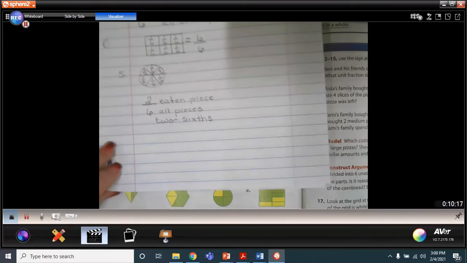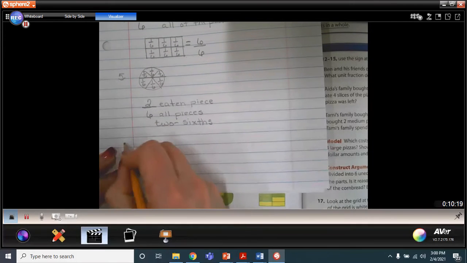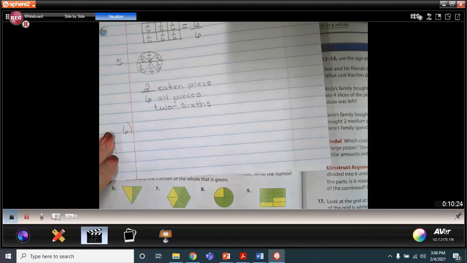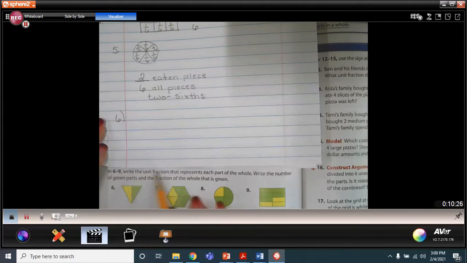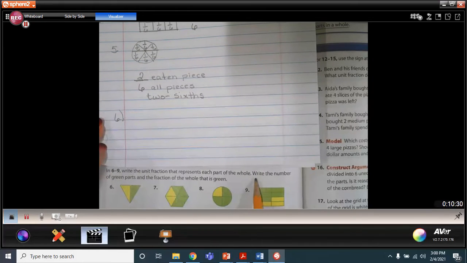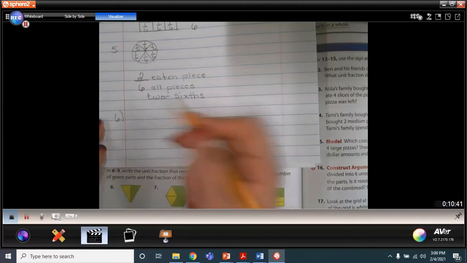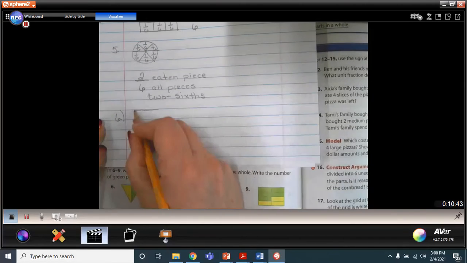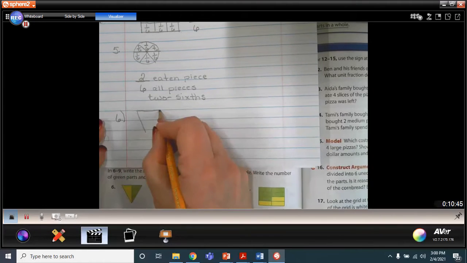Okay, number 6 is showing us a triangle, and they're asking us to write the unit fraction that represents each part of the whole. So that's the first thing we need to do. And then it says write the number of green parts and the fraction that represents the green of the whole. So I'm going to just draw my triangle here.